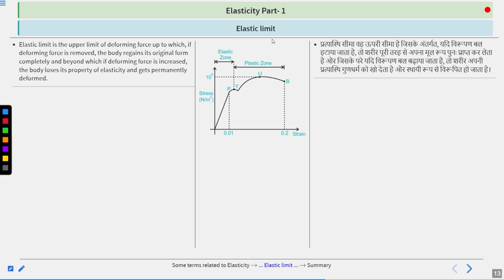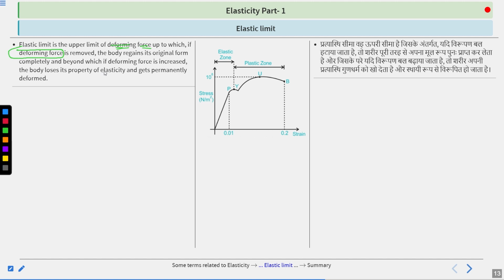For example, if you have a rubber band and you start stretching it, there is a limit. Up to a certain limit, the band has the capability to experience the deforming force, and when the deforming force is removed from it, the band can regain its original configuration.